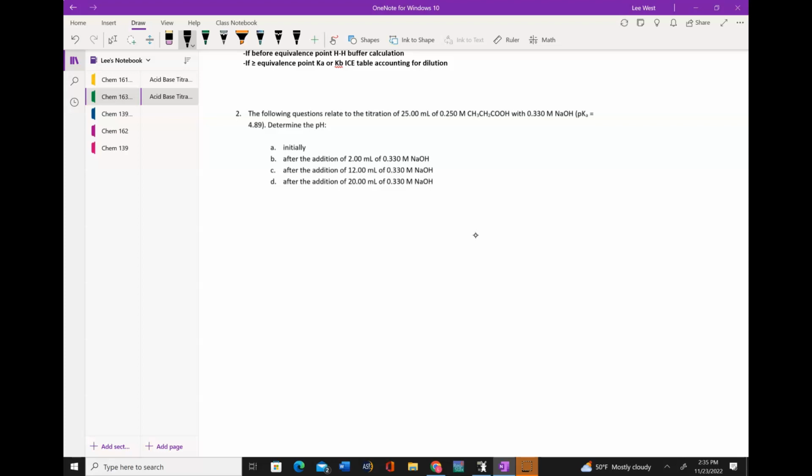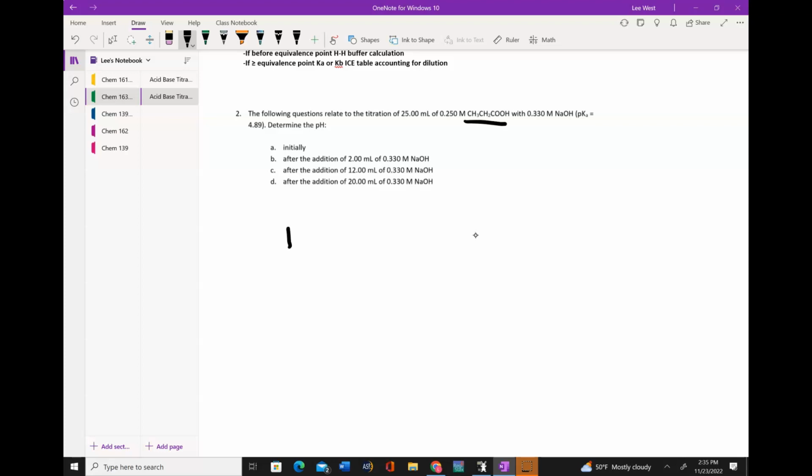So we're reacting, looks like, propanoic acid with sodium hydroxide, and we recognize this as being a weak acid because we've got that ending that is classic for indicating that we have a carboxylic acid, which are all weak. All right, so initially we just have to do a Ka ICE table for that.